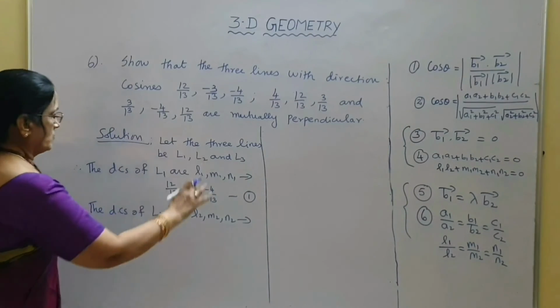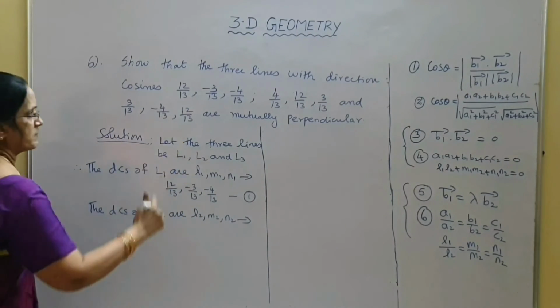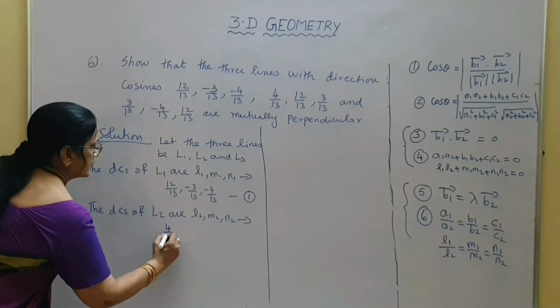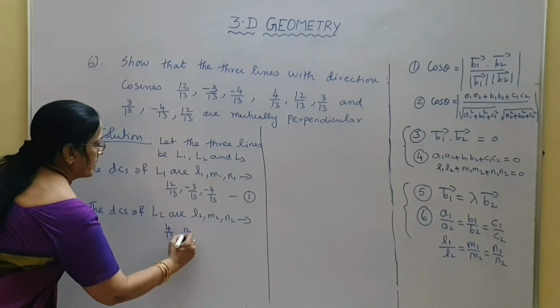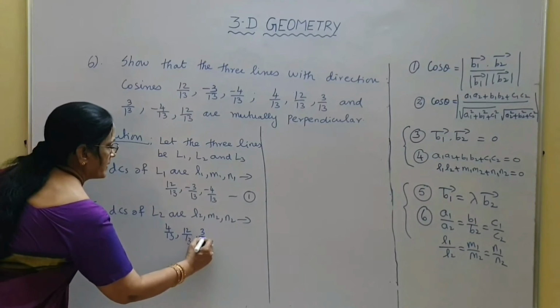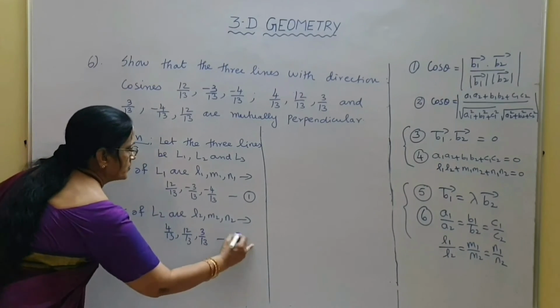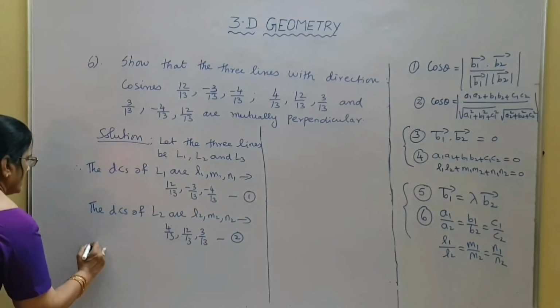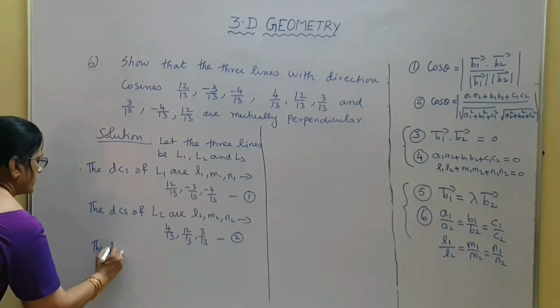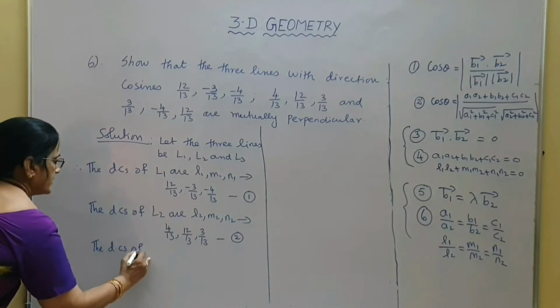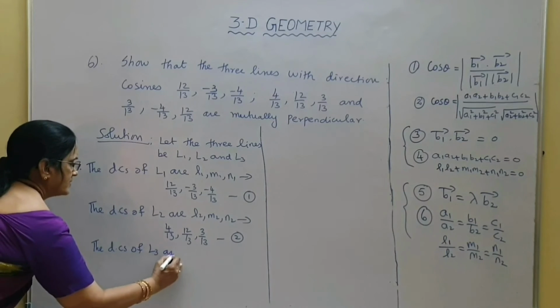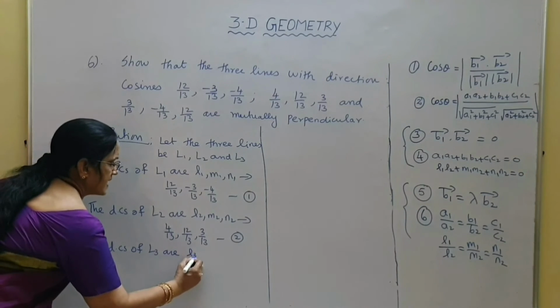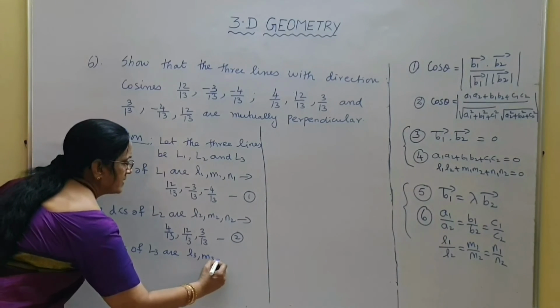Okay. Now here L2, M2, N2 is nothing but 4 by 13, 12 by 13, 3 by 13. Name this as 2.